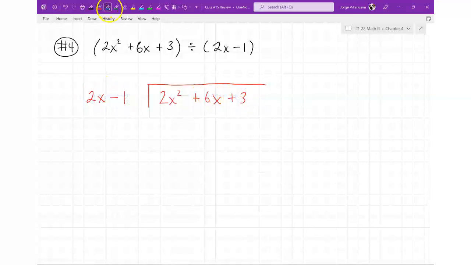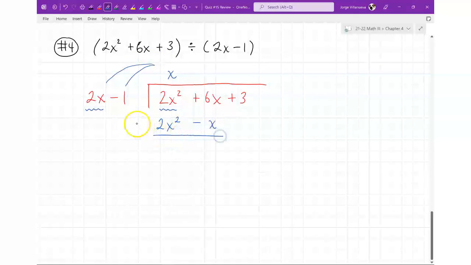Now remember, you're going to ask yourself, how many times does 2x go into 2x squared? Well, that's x times. So you're going to multiply x times these two things. So it's going to be 2x squared minus x if you multiply it out. Now remember, you're supposed to subtract. Let me erase these little lines here. So 2x squared minus 2x squared is 0.